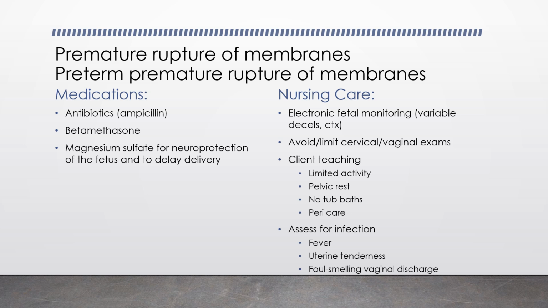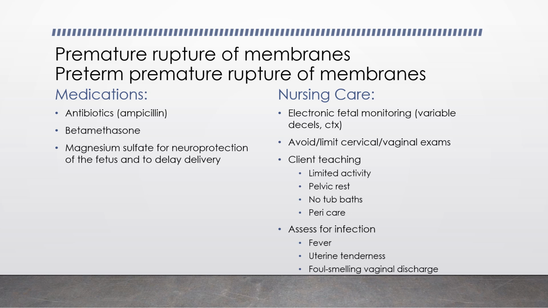So our nursing care for that patient with premature rupture of membranes includes electronic fetal monitoring, and we definitely will want to be aware of variable decelerations. Those membranes are ruptured, that fluid continues to leak out, so there's less and less of a cushion for that umbilical cord.